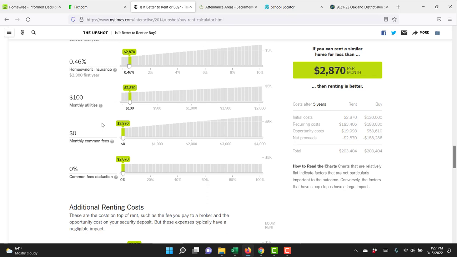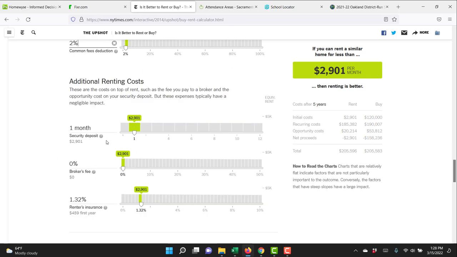Monthly utilities, okay. Common fee. If there's an HOA, let's say there's a $30 landscaping HOA common fee deduction. Wow. Okay, so if some of it is deductible in your taxes, which may be possible, it's pretty flat though. Again, we can just look at the graph and see that this one is not really a substantial factor.